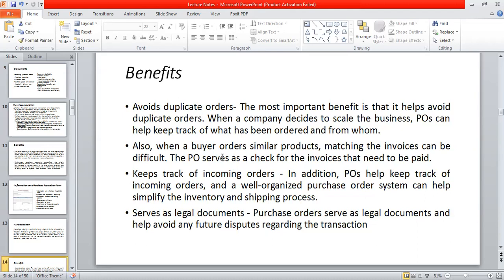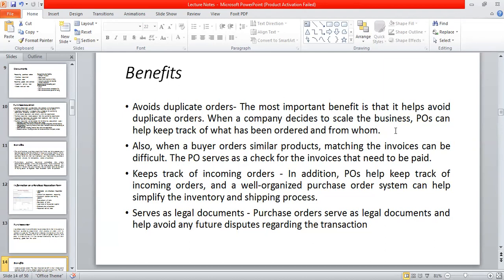The benefits when using the purchase order: it can help the company to avoid duplicate orders. When a company decides to scale the business, purchase orders can help keep track of what has been ordered and from whom.